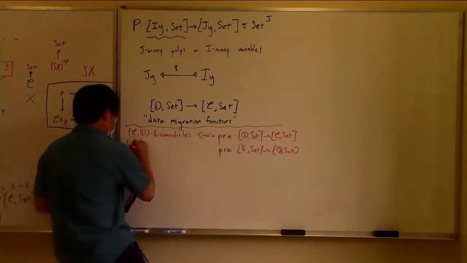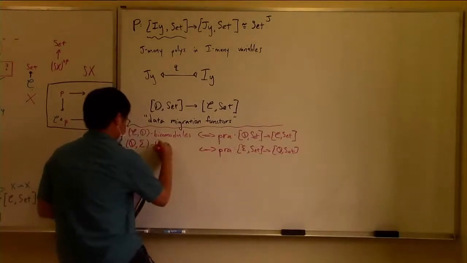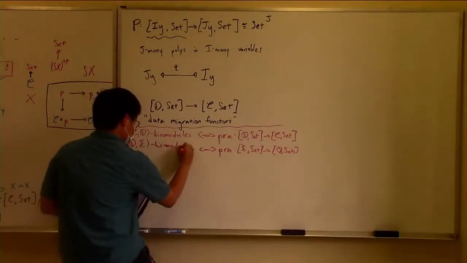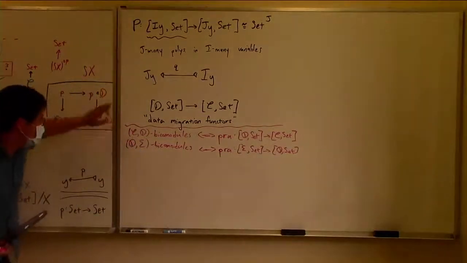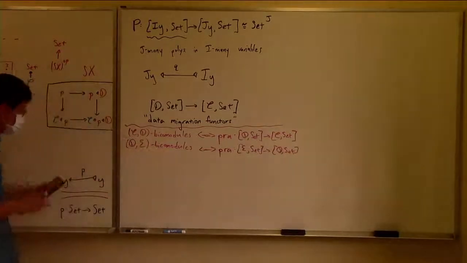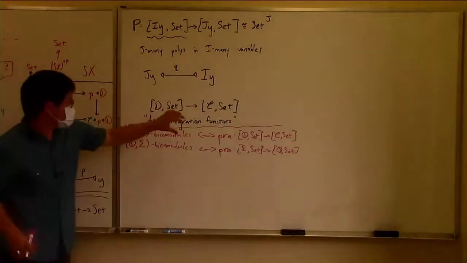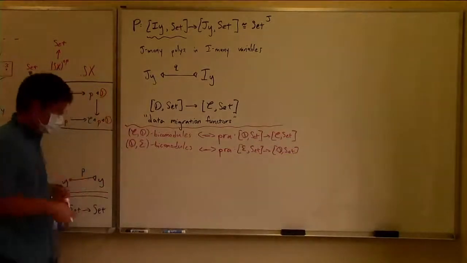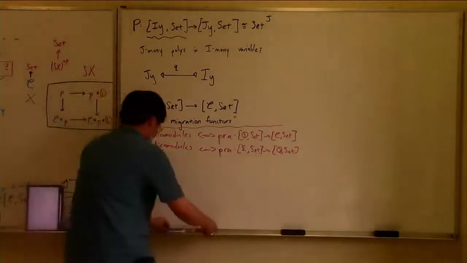And so in some sense, this one is going to correspond to a DE bicomodule. And so there should be some way of composing a CD bicomodule with a DE bicomodule. Now, this might seem a little strange because so far we've been thinking of these as objects rather than maps. Usually we compose maps.